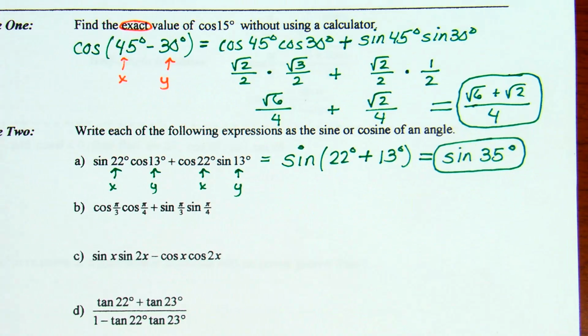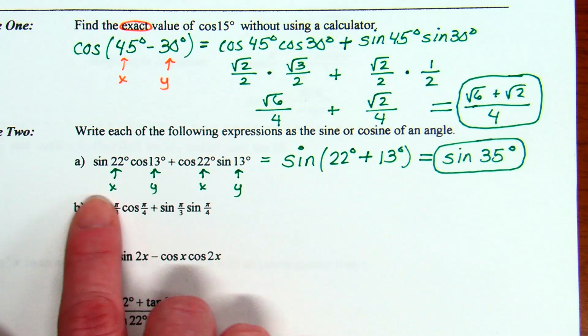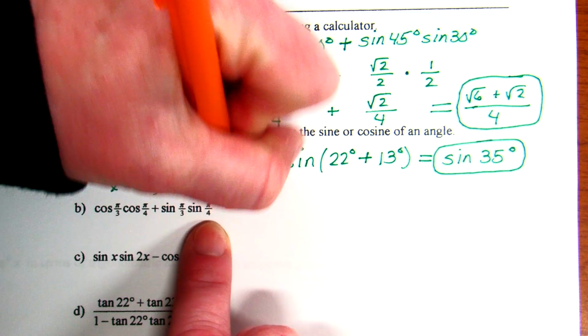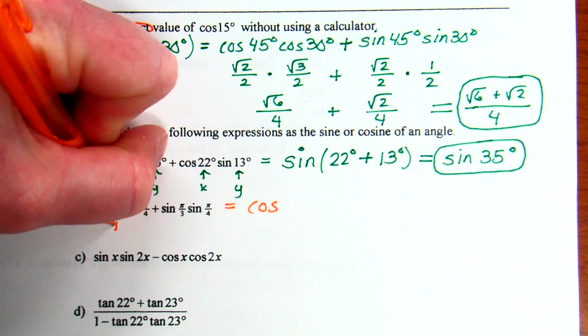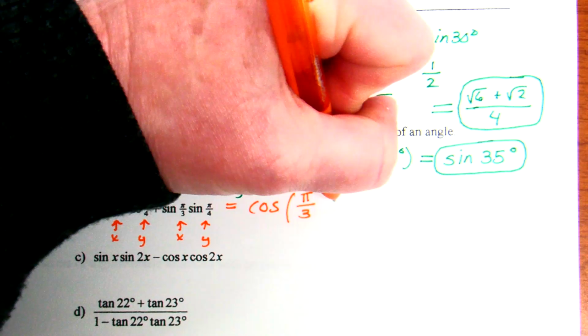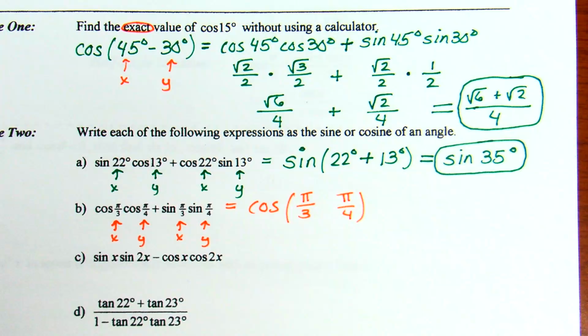Okay, so first of all, cosine, cosine, sine, sine. Which form does that fit up above? Cosine. That's the cosine form. What are my x and y values? Pi over 3 and pi over 4. You guys okay with that? So this time it's going to be cosine of pi over 3 minus cosine of pi over 4.